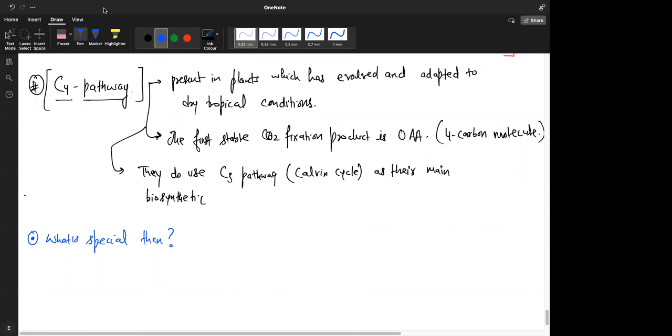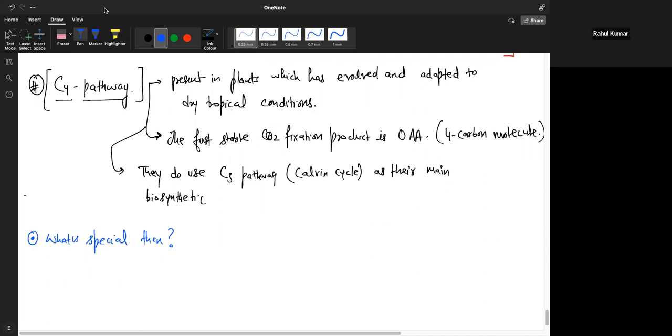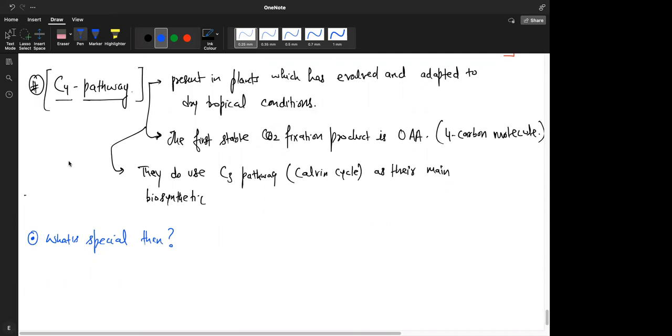Yeah, you continue. Tell me, what is this special type of leaf anatomy you are talking about? What do they have? Do they have something that C3 plants don't have? Apart from the abilities to do this and that, structurally, is there something? Yes, Seema. They have a wreath-like arrangement.